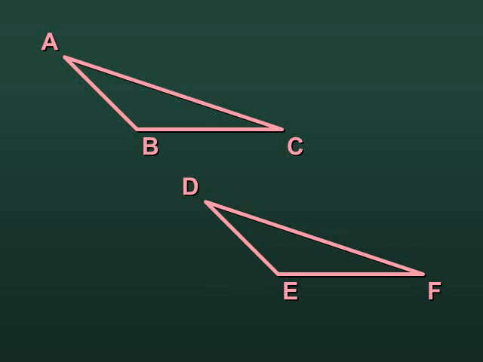Here I have 2 triangles, ABC and DEF, and we're going to talk about how there's one side that is congruent, there's one angle that is congruent, and there's another side that's congruent.